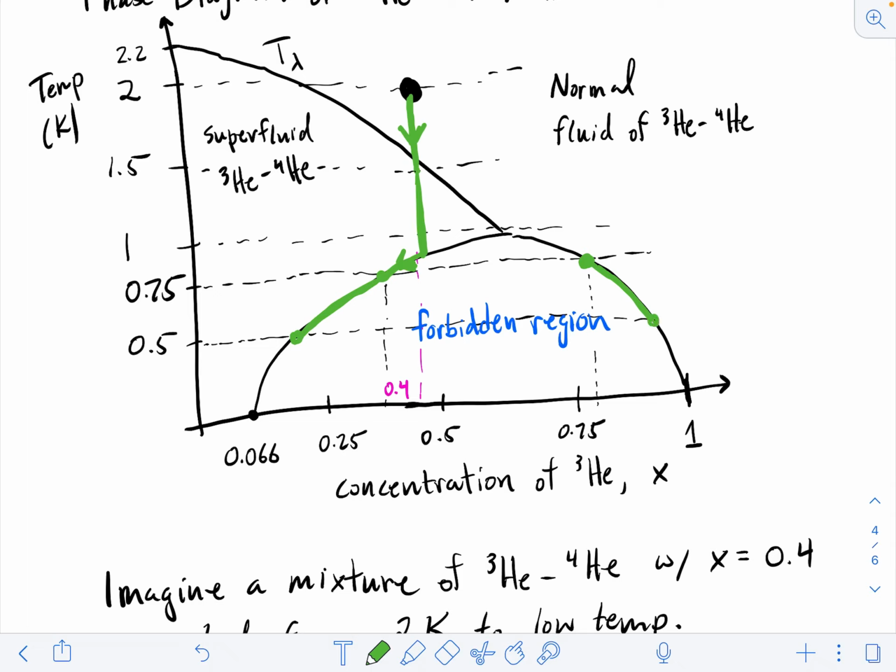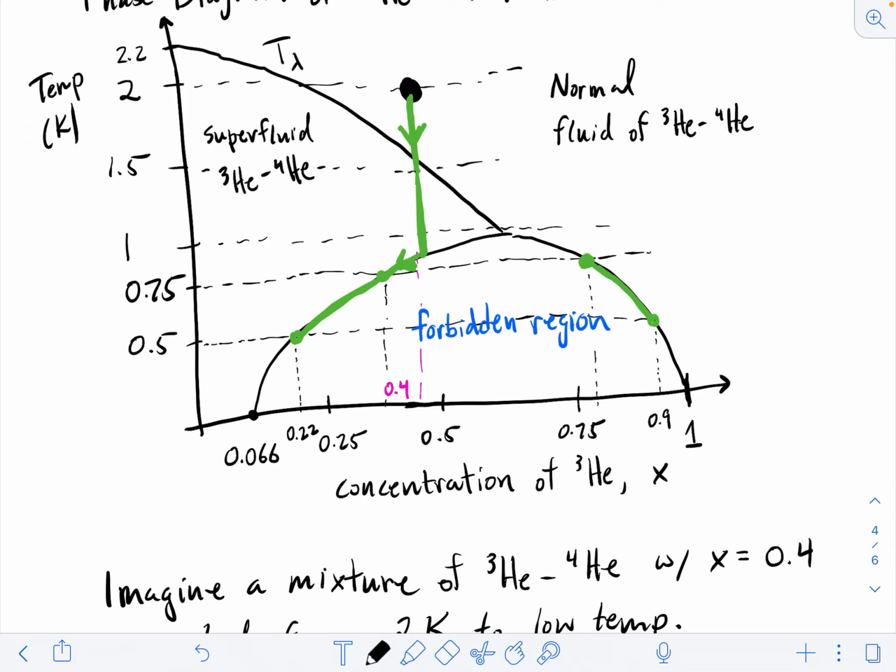Okay, well, what's happened at 0.5 Kelvin is that our concentrated phase is somewhere like 90% helium-3 now, and our dilute phase is something like, I think, about 22% helium-3. And so more and more of the helium-3 is leaving the liquid helium-4 and migrating into the concentrated phase.